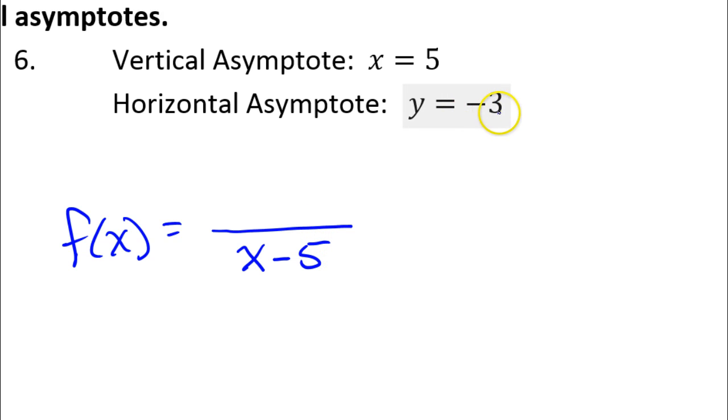If my horizontal asymptote is at -3, again, there are two ways I can get a horizontal asymptote at -3. One way is to make the degrees be the same. If the degrees are the same, then we're going to divide leading coefficients. So if I make this leading coefficient -3, then that's -3 over 1, or y equals -3. So that's one answer.